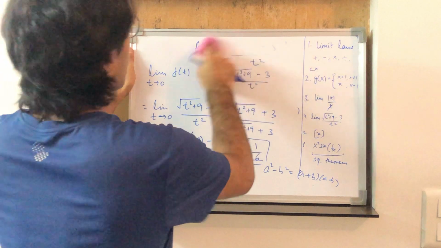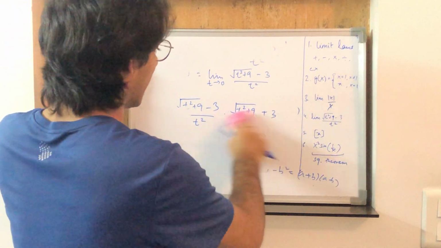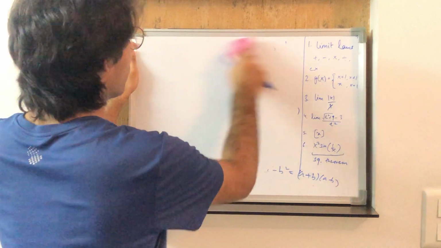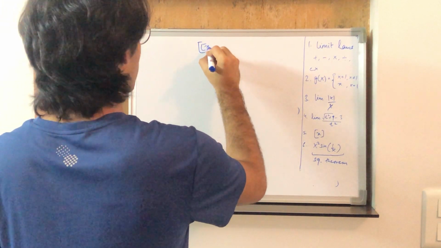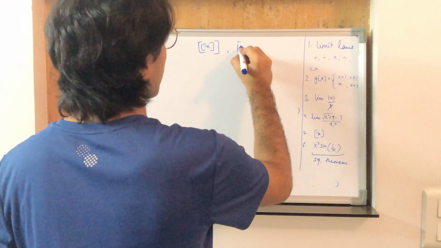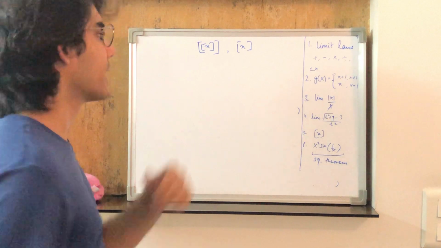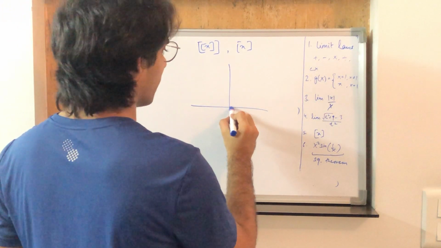Okay, now let's look at another function before we go on to discuss squeeze theorem. So this function now is called the greatest integer function. It's written like this with 2 brackets, or you can also write it as just this, right? So let's draw a graph for this function.